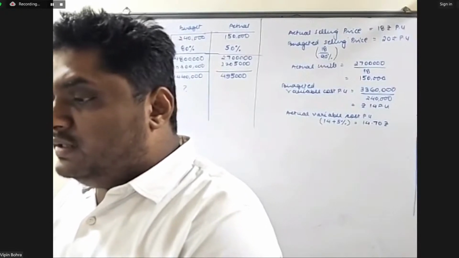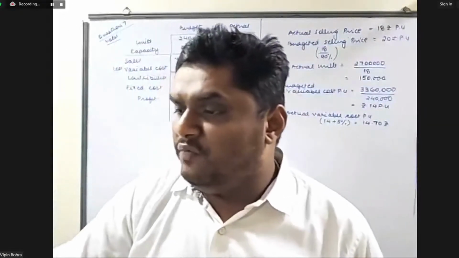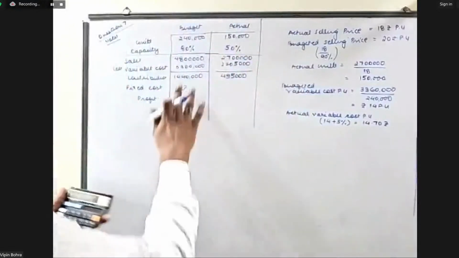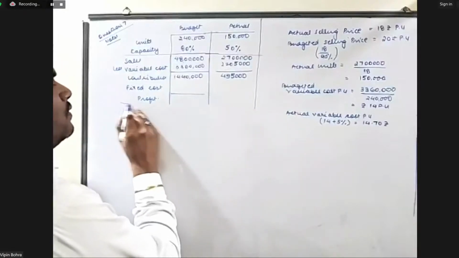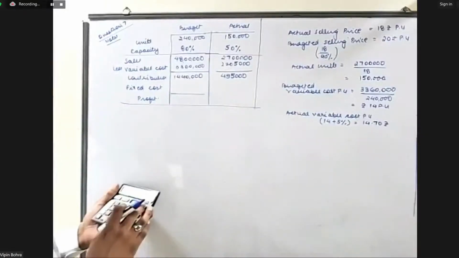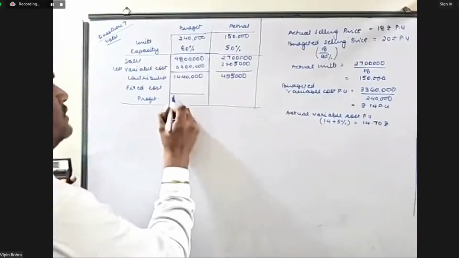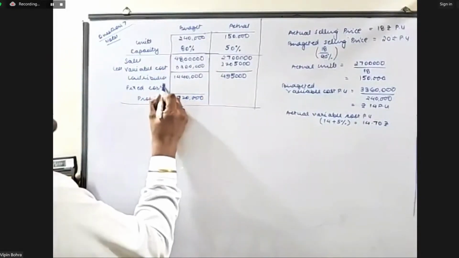So now herein in this question, it is given that the budgeted profit is 15% of the total sales. So my budgeted profit will be how much? 15%. So 48 lakh into 15%. So 7,20,000. So this will be my balancing figure.